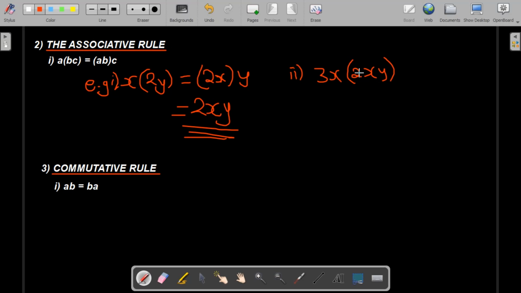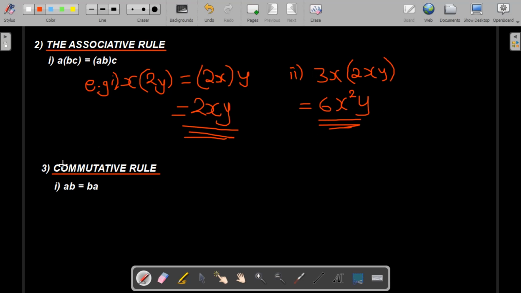When I'm multiplying terms, in short, we multiply the coefficients and we also multiply the variables. So we multiply the coefficients, 3 multiplied by 2, which will give us 6, and then x multiplied by x will give us x squared, and then y at the end, because there is a y there. So we multiply this number by what is inside. That's what we have.